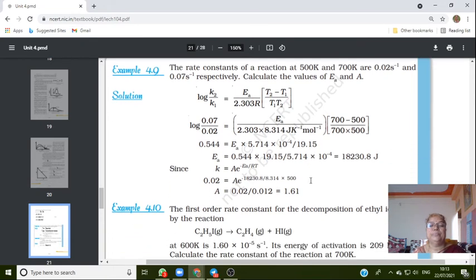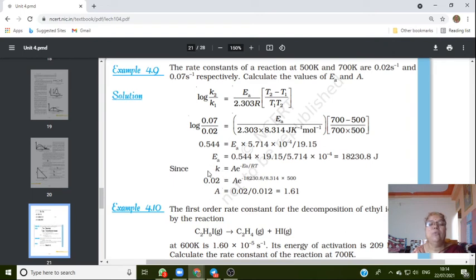So EA is equal to 0.544 into 19.15 divided by 5.714 into 10 raised to minus 4, and it is equal to 18,230.8 joule. And K is equal to A into e raised to minus EA by RT.